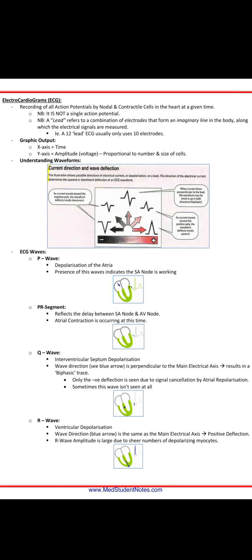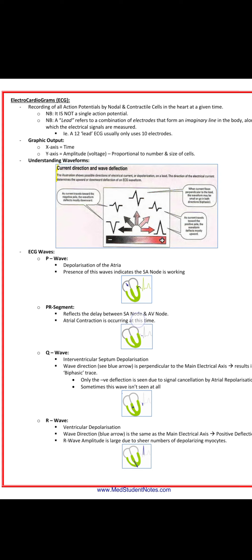Next is the graphic output of ECG. The x-axis is time and the y-axis is amplitude, meaning the voltage of the current generated by the action potential. The voltage generated is proportional to the number and size of cells.